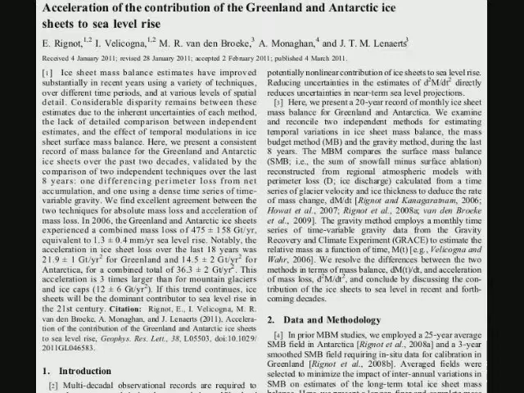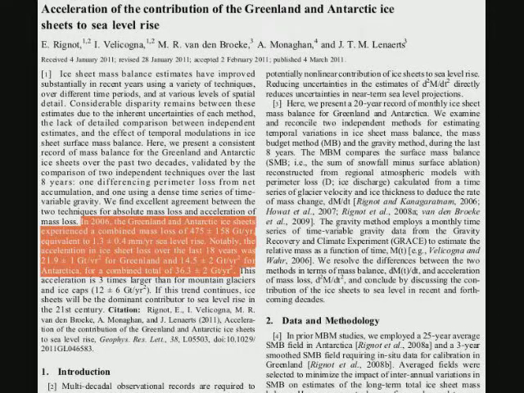Now they use both the second and the third methods, and what they found was that in 2006 the combined mass loss was 475 plus or minus 158 gigatons per year. So the rate of mass loss was several times the uncertainty. And that also the total acceleration in mass loss was about 36 gigatons per year squared.